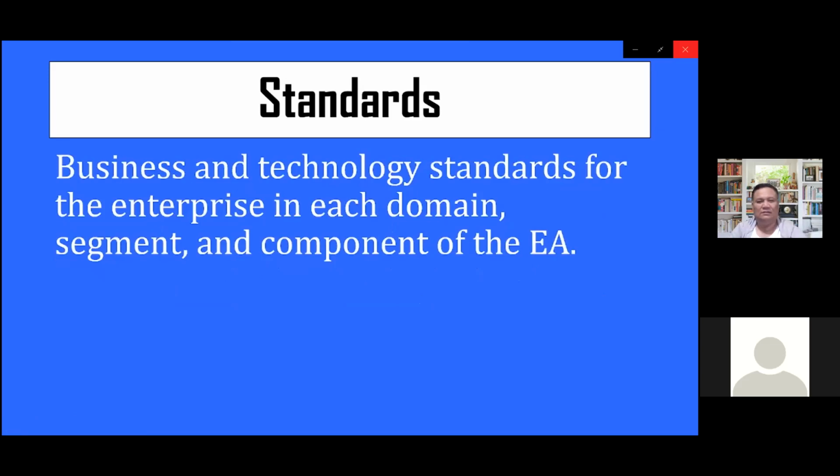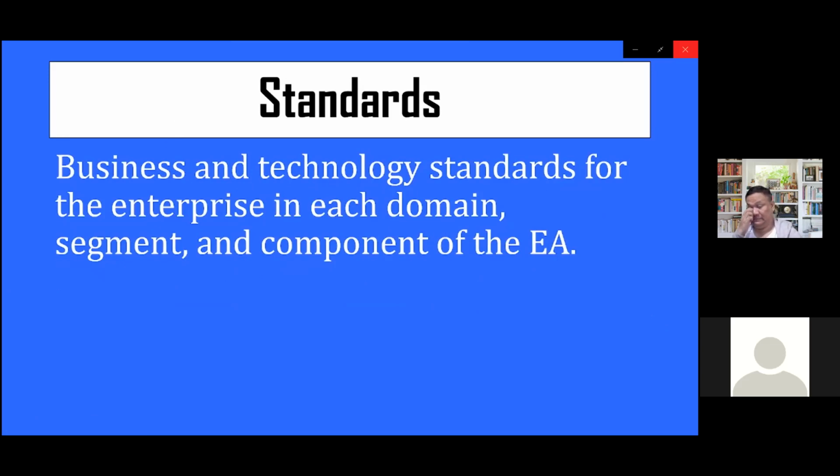Next is the standards. When we say standards, it's business and technology standards for the enterprise in each domain, segment, and component of the EA. This is basically all the policies and standards in each domain, whether it's a local standard, an industry standard, or the enterprise standard itself.